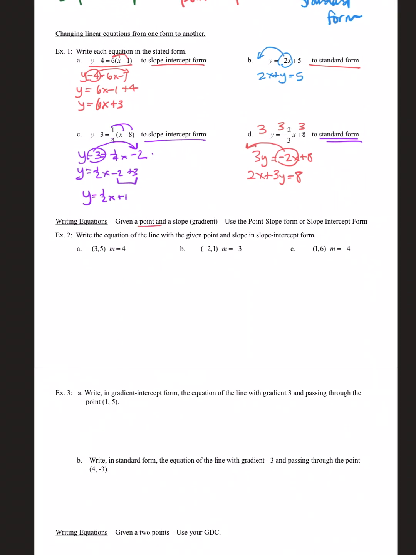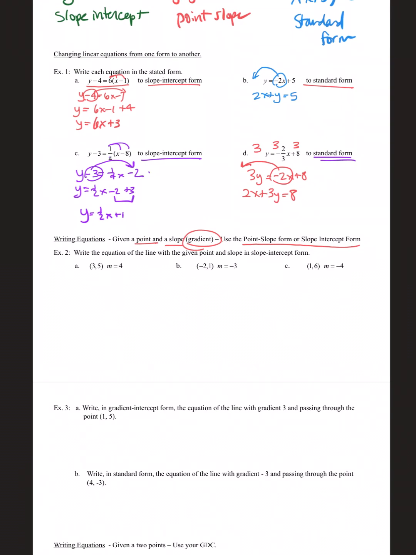Given a point and a slope, sometimes called a gradient, we're going to use the point slope form or slope-intercept form. All right, here we go. Example 2: write the equation of the line with the given point and slope in slope-intercept form. The easiest way to do that is to start with point slope.